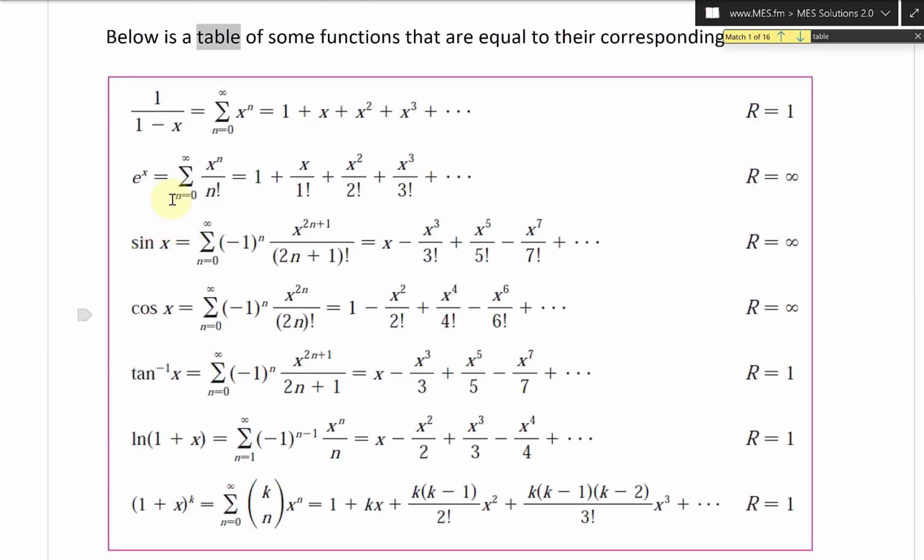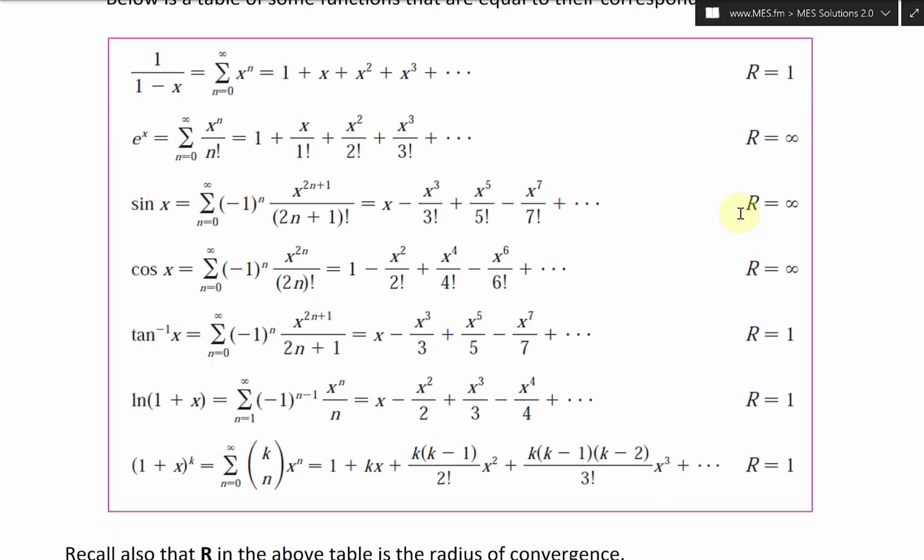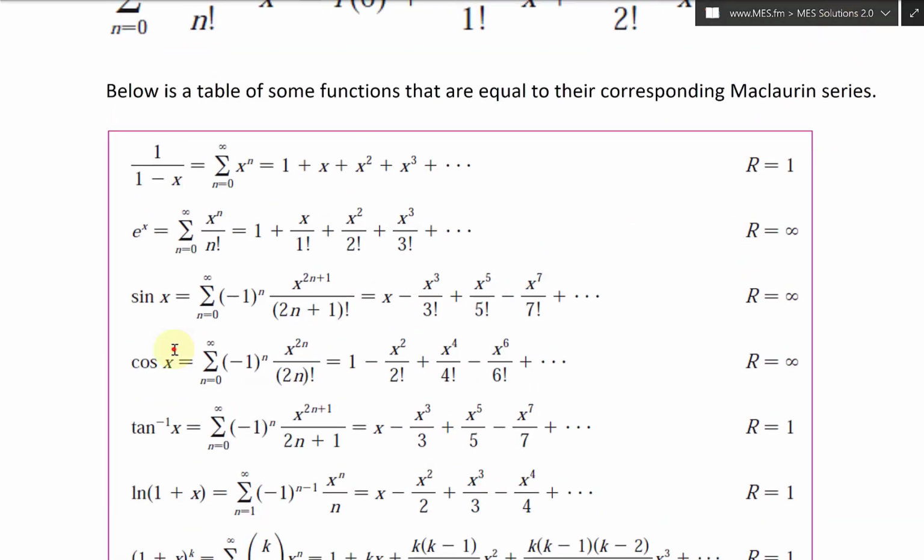Alright, so teleporting here, we have e to the x equals the summation from n equals 0 to infinity of x to the n over n factorial. In other words, we get 1 plus x divided by 1 factorial plus x squared divided by 2 factorial plus x cubed divided by 3 factorial, plus dot dot dot and so on, where r is equal to infinity.